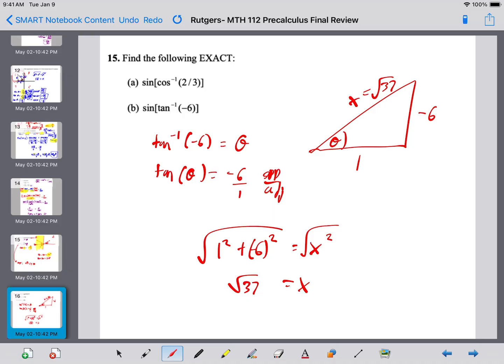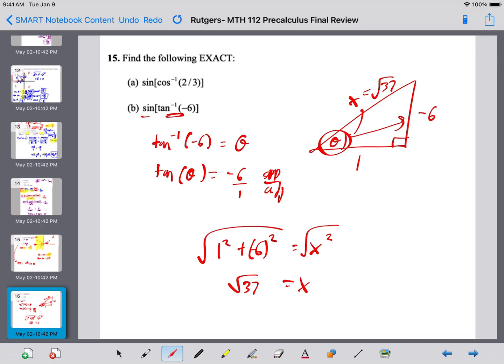So then, this gives you the missing sides, even though this means to give you theta, right? And then, you're finding sine of that. So that's going to be opposite over hypotenuse.